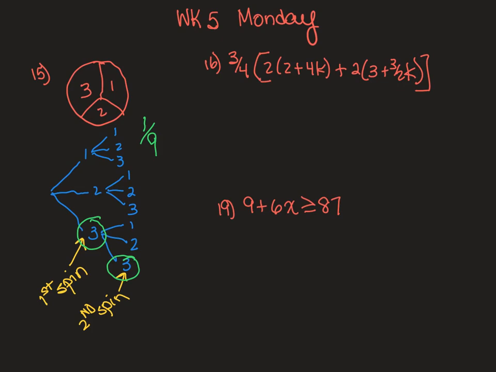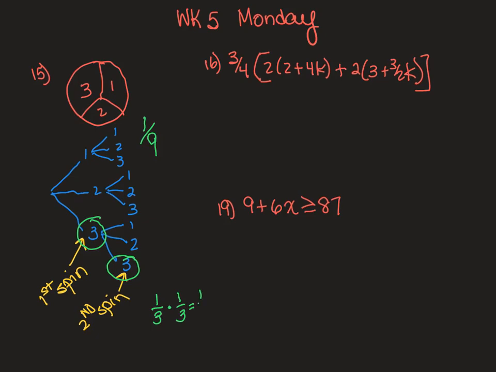And I'm giving you the answer here because I know that I'm going to do another one of these for the actual lab. But I want to make this tree very, very clear, and I want you to get this right. You may also notice that I could do it this way. I could say the first spin, I have 1 out of 3 chances of getting a 3. And in the second spin, I have 1 out of 3 chances of getting a 3.